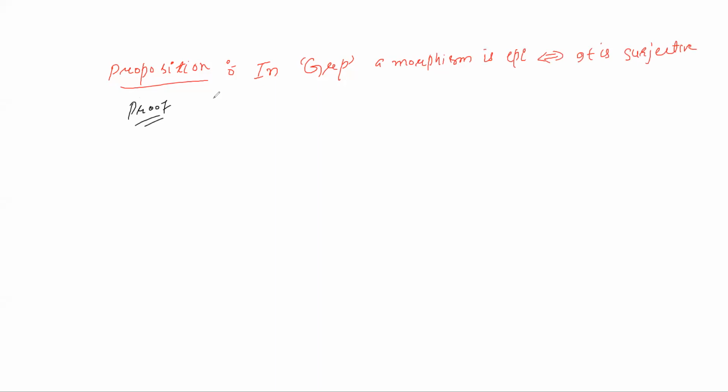So let f from a group G to a group K be epi in the category of groups. Okay. Now let L be the image of this, L be f of G. L is the image of f.